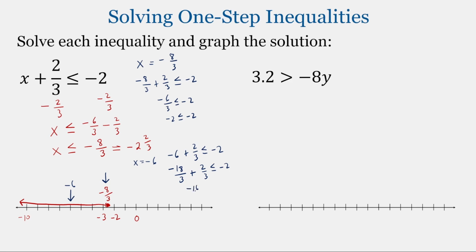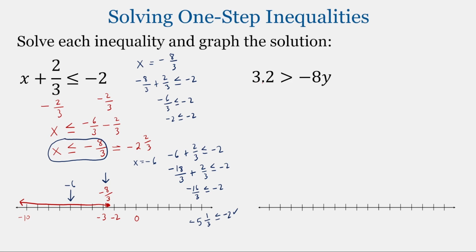Now we have -16/3 less than or equal to -2. So -16/3, 3 goes into 16 5 times, so that's -5 and 1/3. And that's less than or equal to -2. So that's a true statement. And our solution are all numbers less than or equal to -8/3.